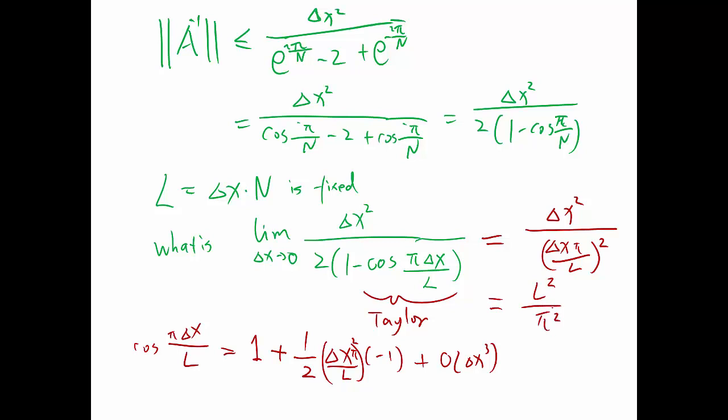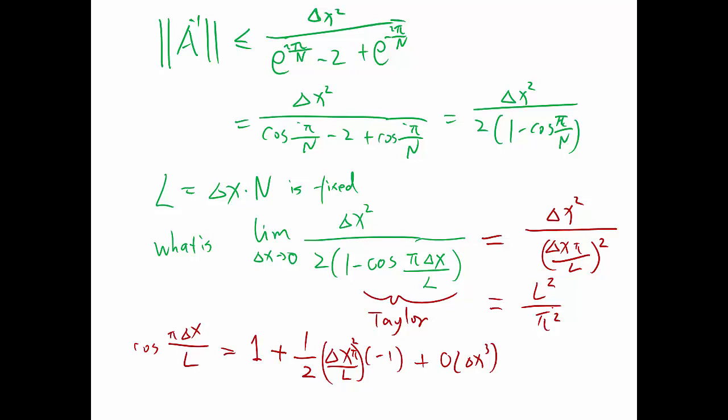So what does that tell me? That tells me the norm of A inverse approaches some number that is independent of delta x as I shrink my delta x. That means the maximum norm of A inverse, as I shrink my delta x, is going to be bounded.